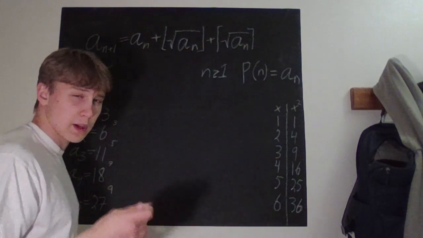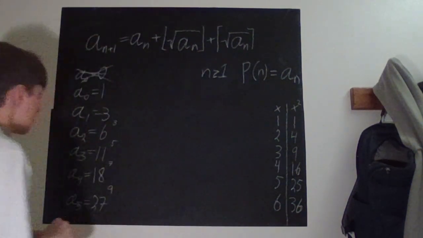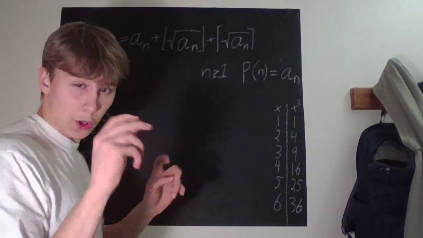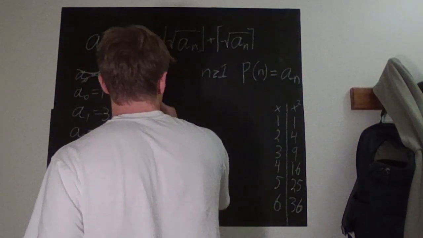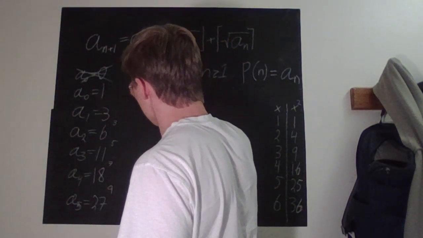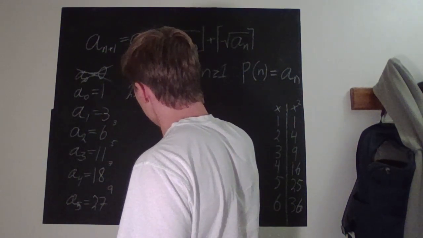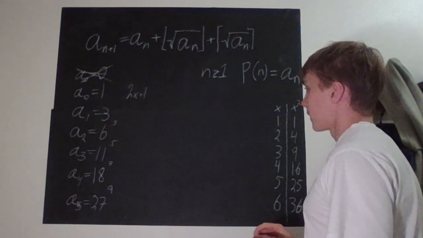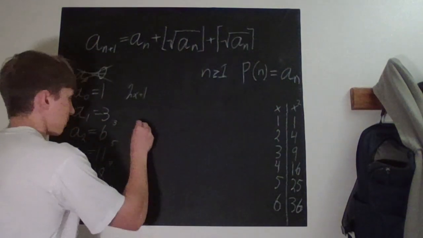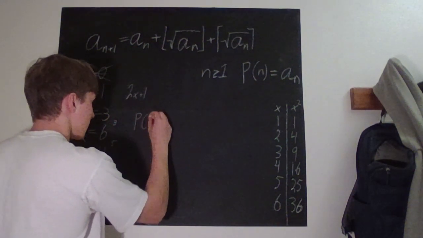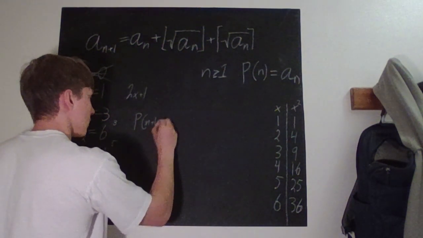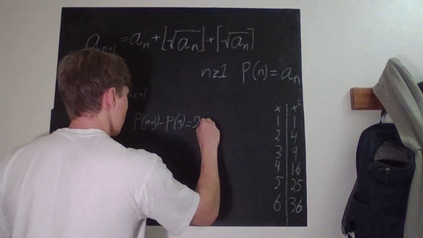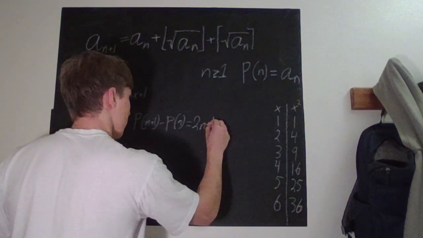It depends a bit on how you phrase it, but if you think about the next minus the current, then the function should be 2x plus 1 or 2n plus 1. Both work. So what we want is a polynomial that satisfies the equation p of n plus 1 minus p of n is equal to 2n plus 1.